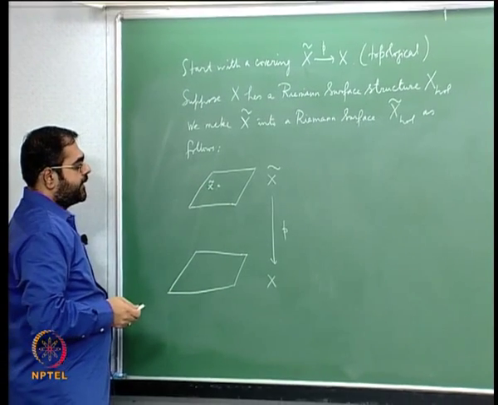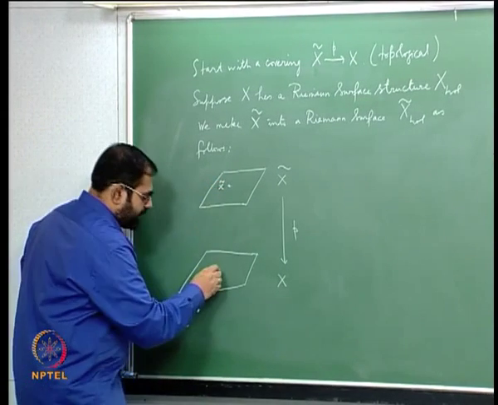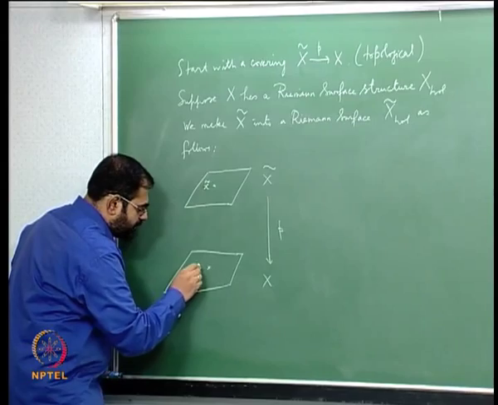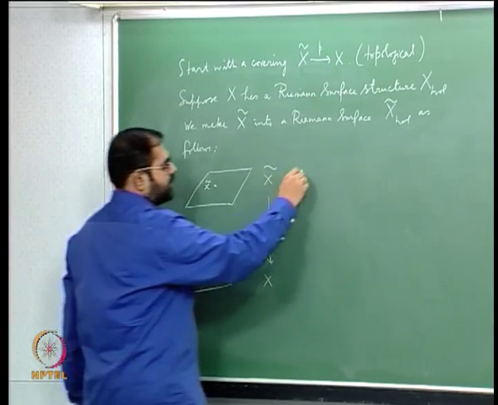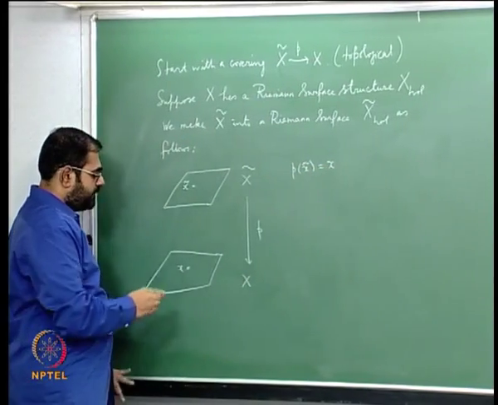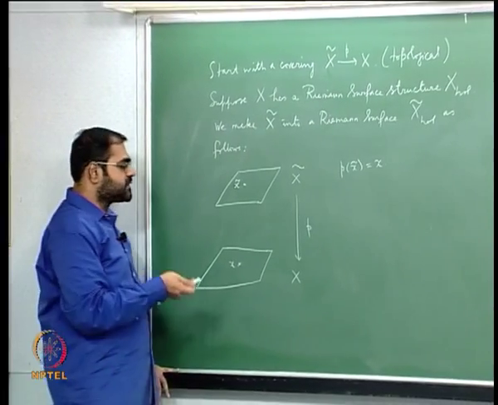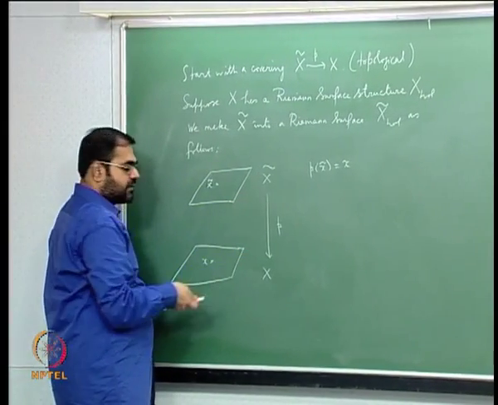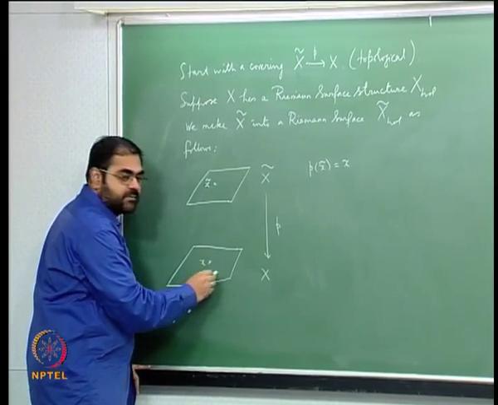Then you know pretty well that if I take the image of this point below and call it small x, so P of small x tilde is small x, then because this is a covering, I can find an admissible neighbourhood for x.